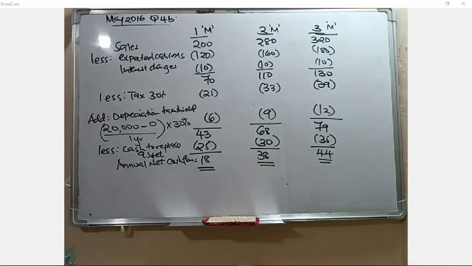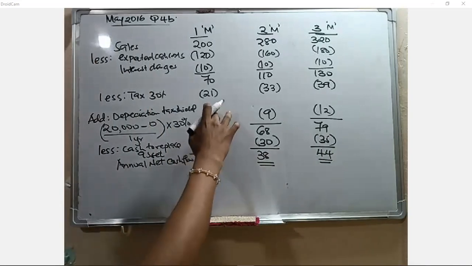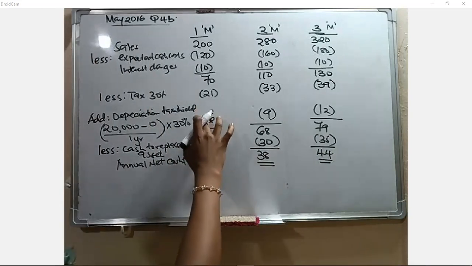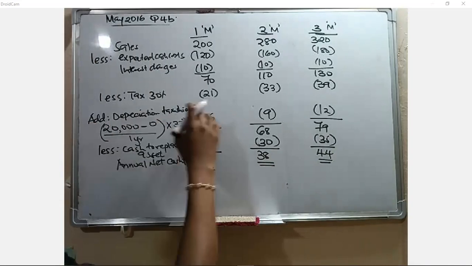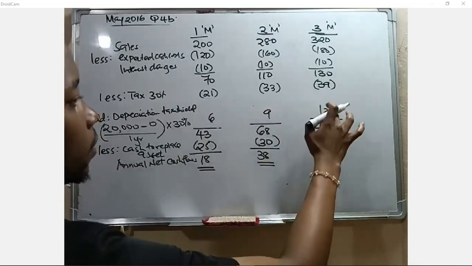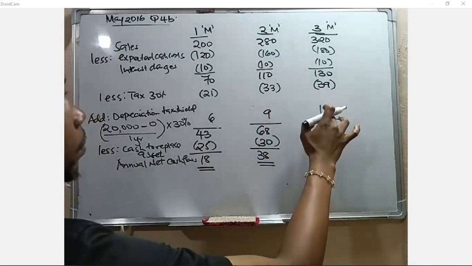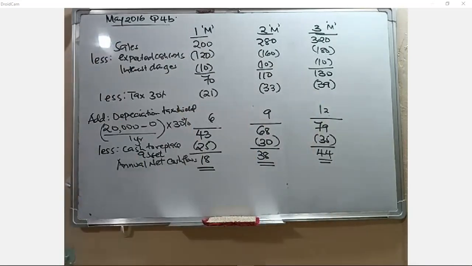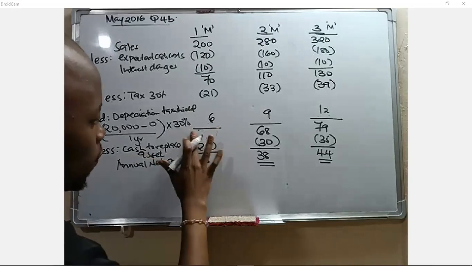There is only one mistake that we did, and no one is able to tell me. We are not supposed to be subtracting. We even said we add our depreciation taxes. Sorry for that. So it means all these answers of ours are wrong.